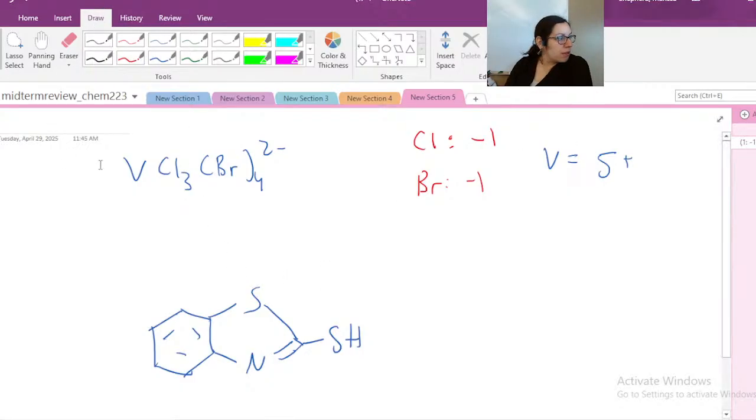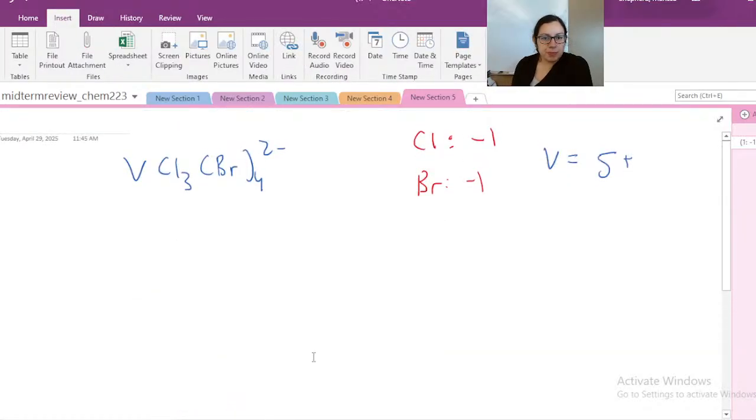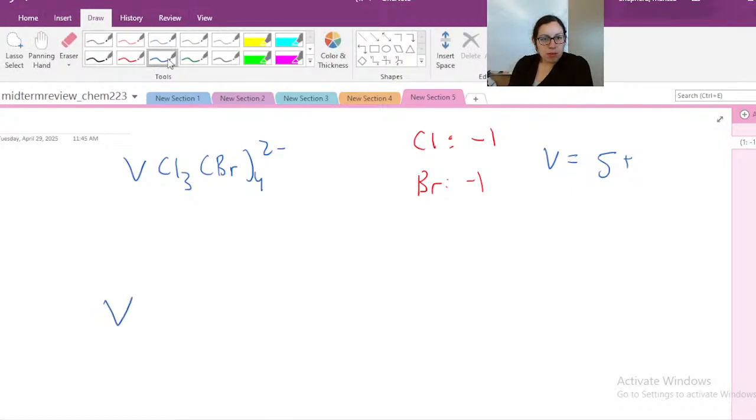This is kind of a weird one. The way it's written, we haven't gotten this far in transition metal chemistry, but for our purposes we can just add up the charges.